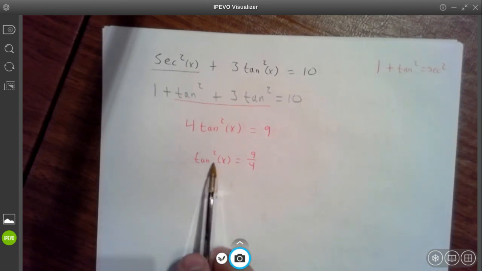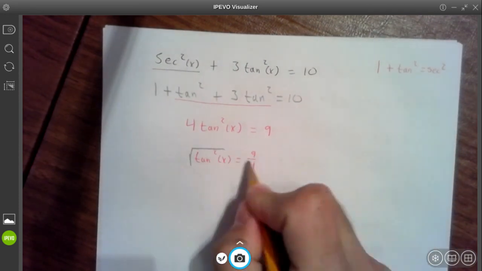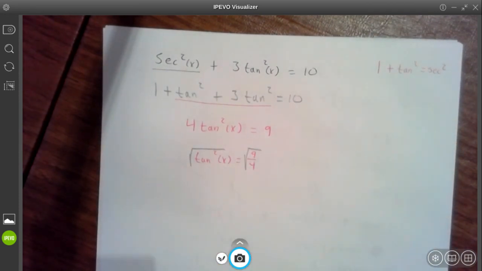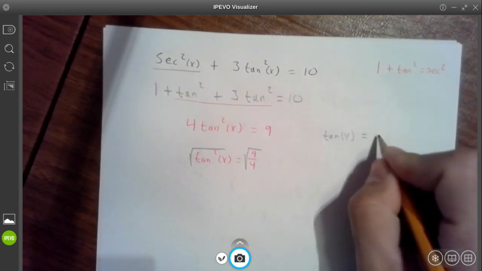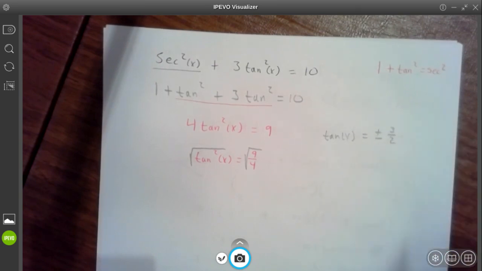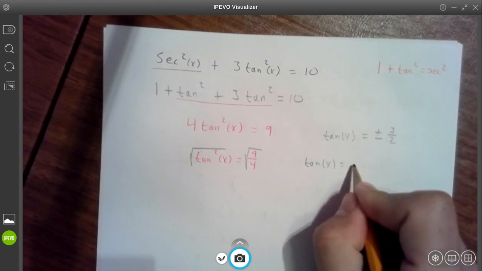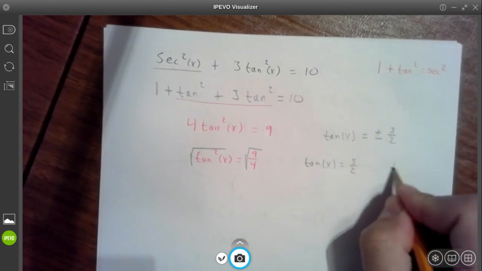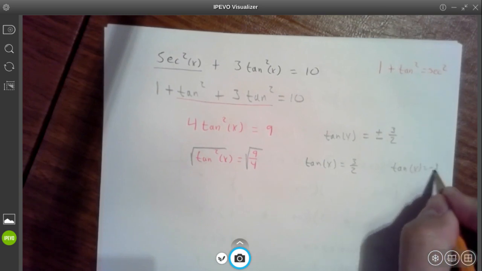Luckily this one, when I take the square root of both sides, these are both perfect squares, so they square root very nicely. That's going to leave me with tangent of x is equal to plus minus 3/2. So we got to solve both of these. Tangent is equal to 3/2 and tangent is equal to negative 3/2.